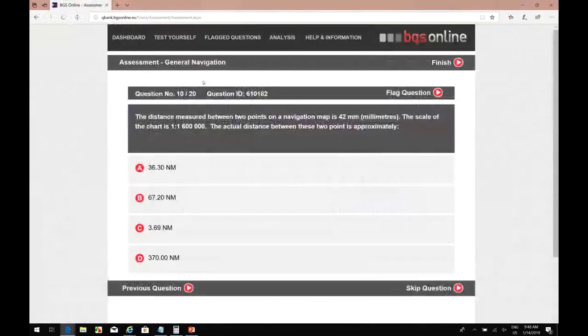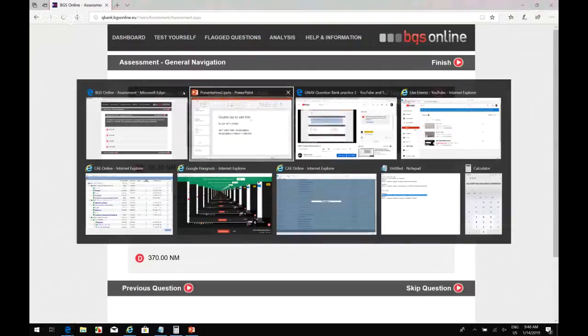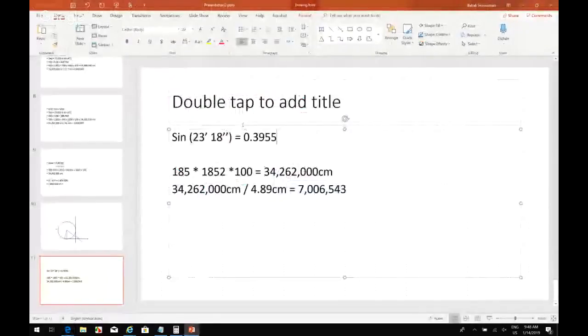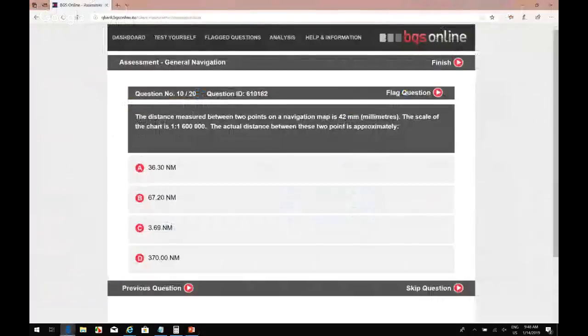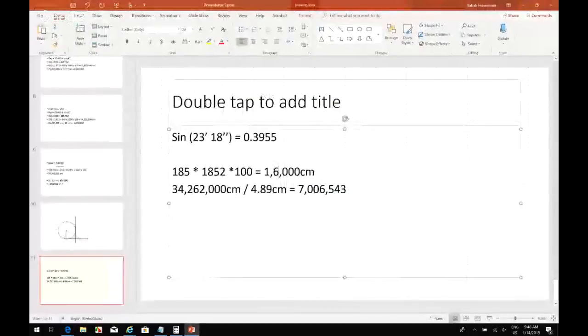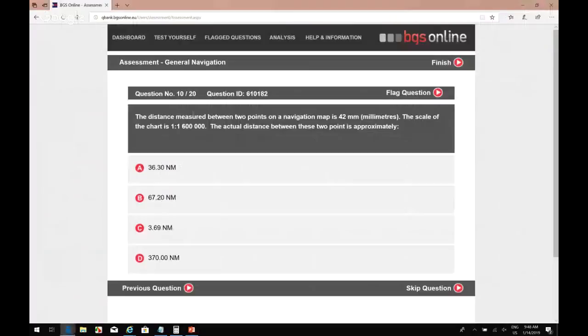The distance measured between 2 points on a navigation map is 42 millimeters. The scale of the chart is 1 to 1,600,000. How many centimeters?